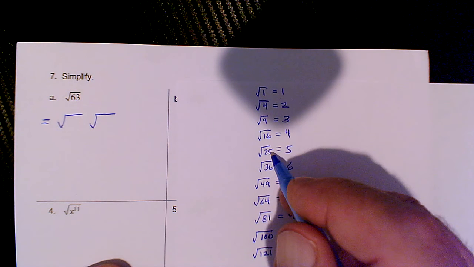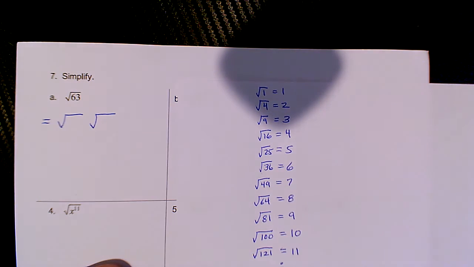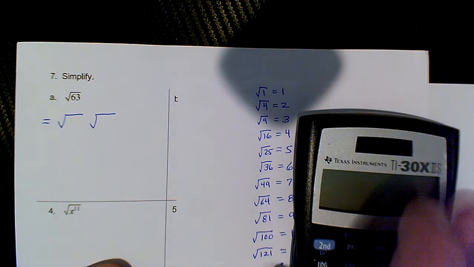So 63, does 25 divide into 63 evenly? No. Does 16? Maybe you might even use a calculator. And for example, you could say 63 divided by 16. No, that doesn't work out to divide evenly. So we'll move up to 9, 63 divided by 9. Yes, that works.